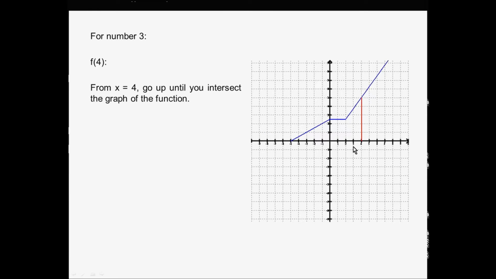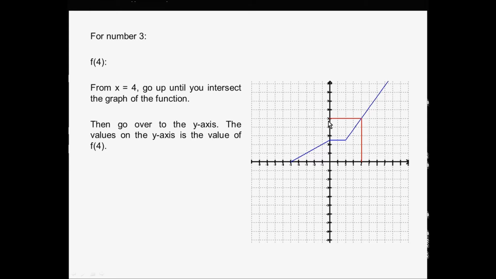Here's x equal 4. Go up and hit the graph and read off the y value there. Looks like 5 to me. So f of 4 is equal to 5. This is just your ability to read a graph, and your graph has to be fairly decent, otherwise it's going to be very, very hard to read.